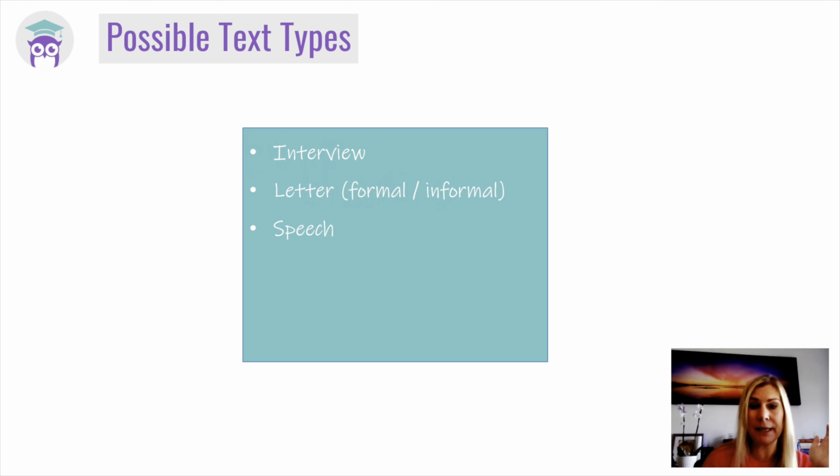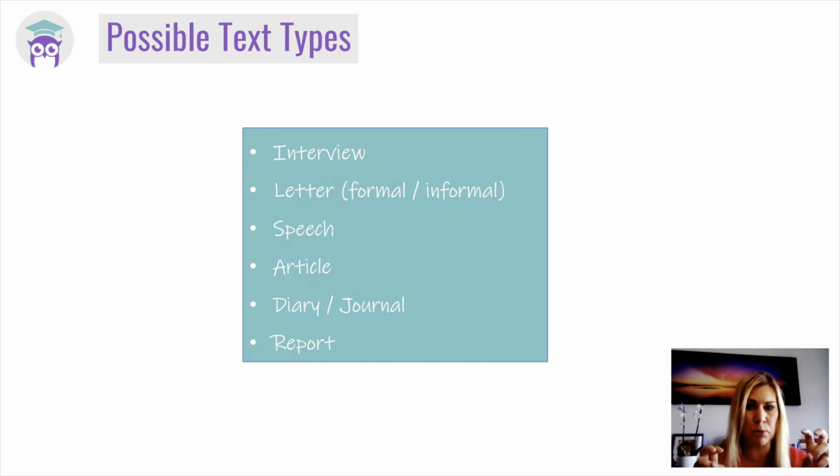You might get a speech. An article, that could be an article for a magazine, an article for a newspaper, or a news report, and they differ slightly. Diary or journal, and then the one that everyone's slightly frightened of, the report. Not a news report, a report like of an investigation. I'm going to take you through each one.